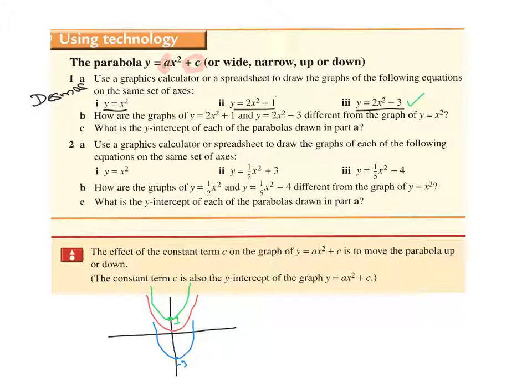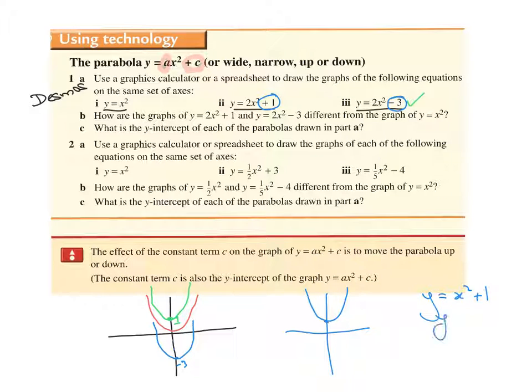So in other words, the number here, that C, refers to the movement of the parabola up and down the y-axis. If I have a graph y equals x squared plus 1, it will cut at 1.